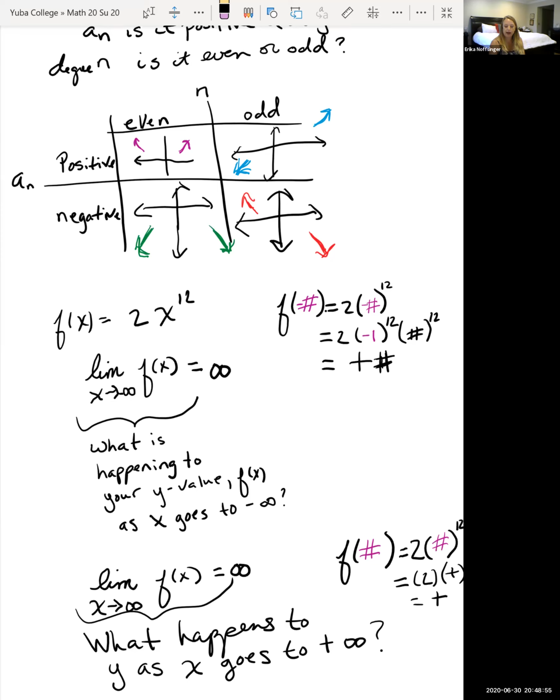So we could look at a graph of a polynomial function, not know what the equation is, but we could determine that it is an even degree by just looking at the end behaviors. With odd, notice that the end behaviors of the graph are going in opposite directions.